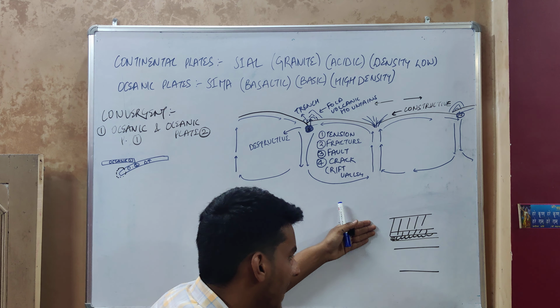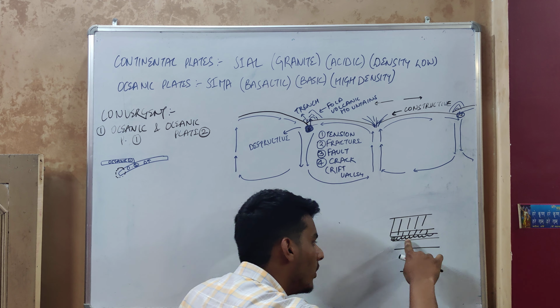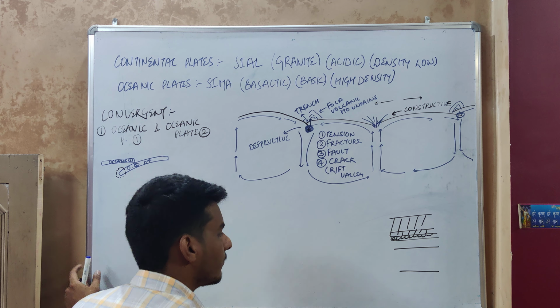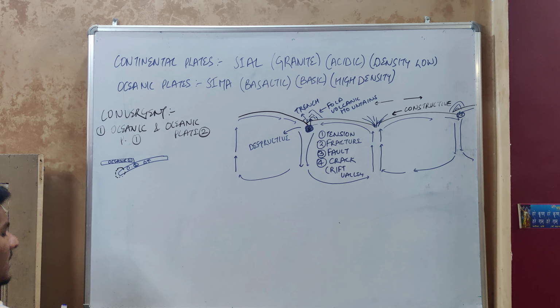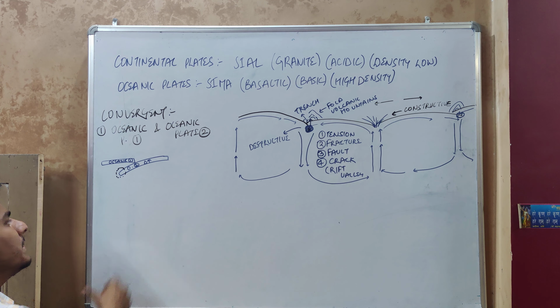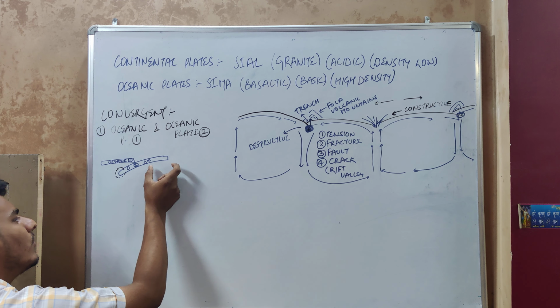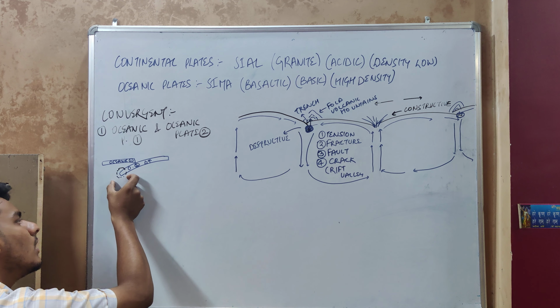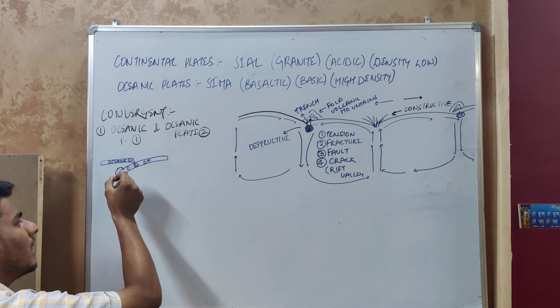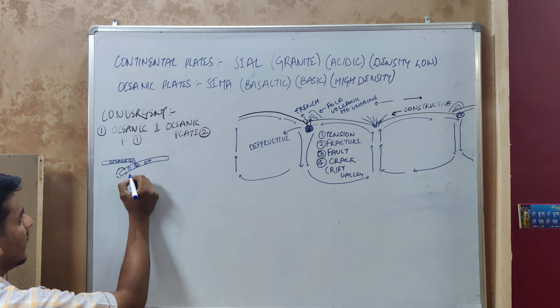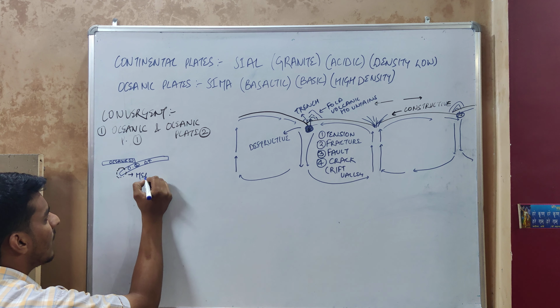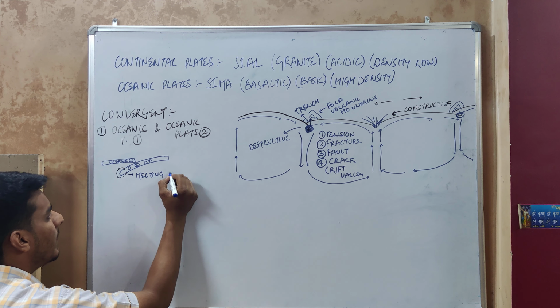And our plates are moving on this molten magma itself. So when any plate converges, the denser part of that plate comes down and melts when it meets the asthenosphere, and this is the melting of plate.